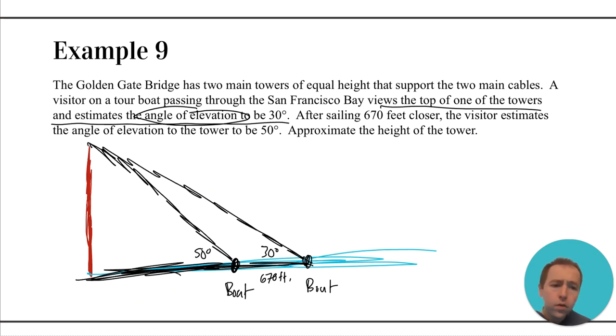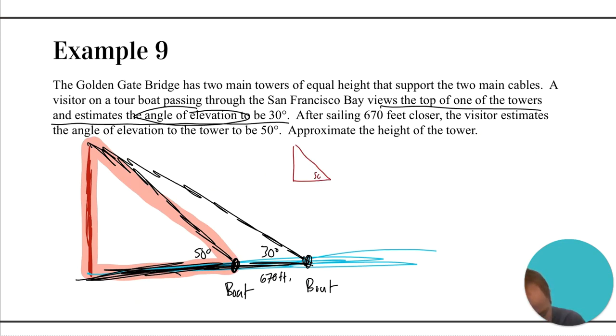Okay, so for a problem like this, I think it would be really helpful to use the two different right triangles that we're seeing in here. So for one, we have this right triangle with a 50-degree angle that I'm just going to sketch out separately for us. So we've got the 50-degree angle and the 90. We don't really know what any of the three side lengths are, but I might call this bottom side right here x.